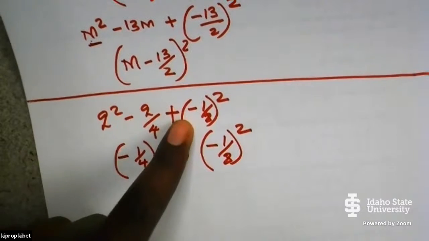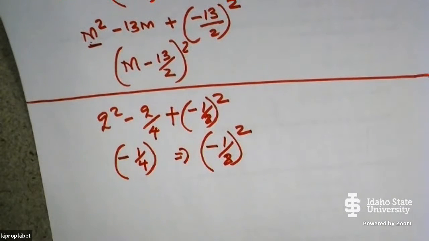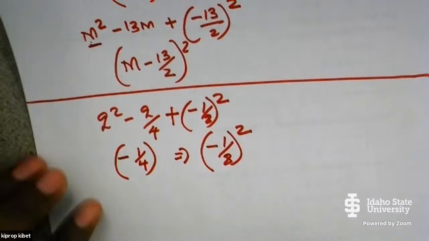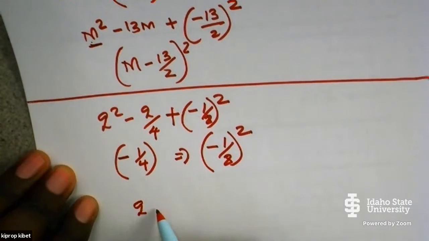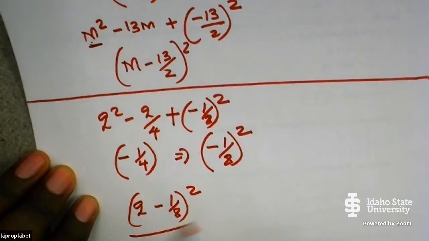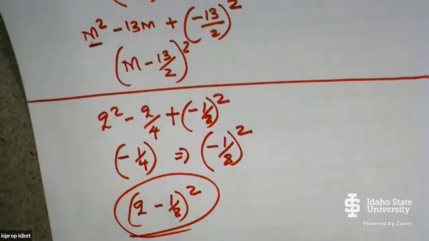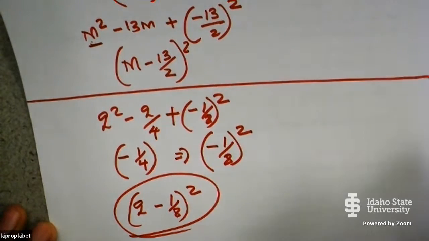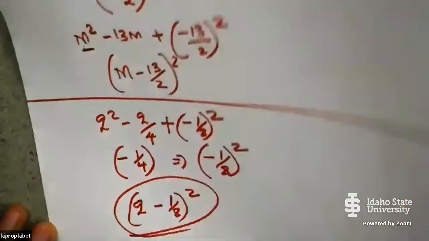The form x minus b, squared. So finally it will be q minus 1 over 8, squared. That's easy, right? Yeah, I know. Wait for the exam.